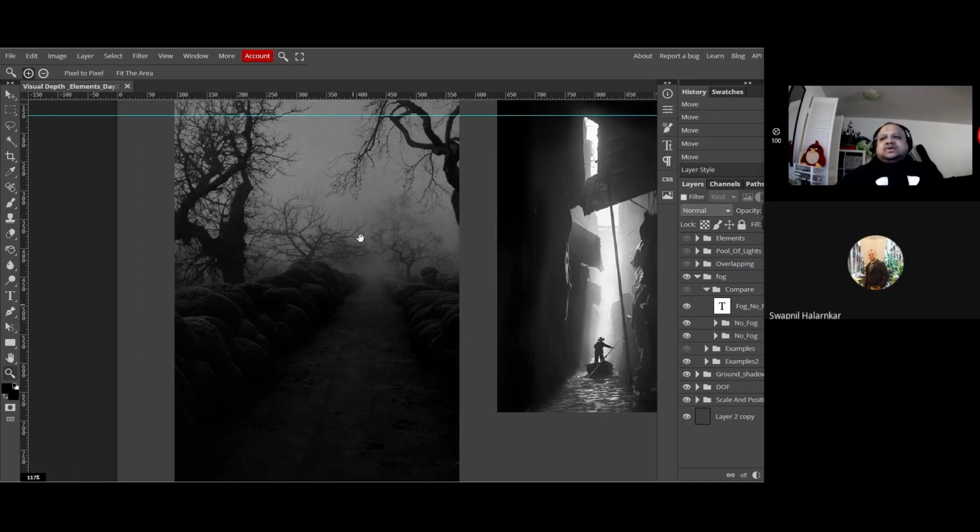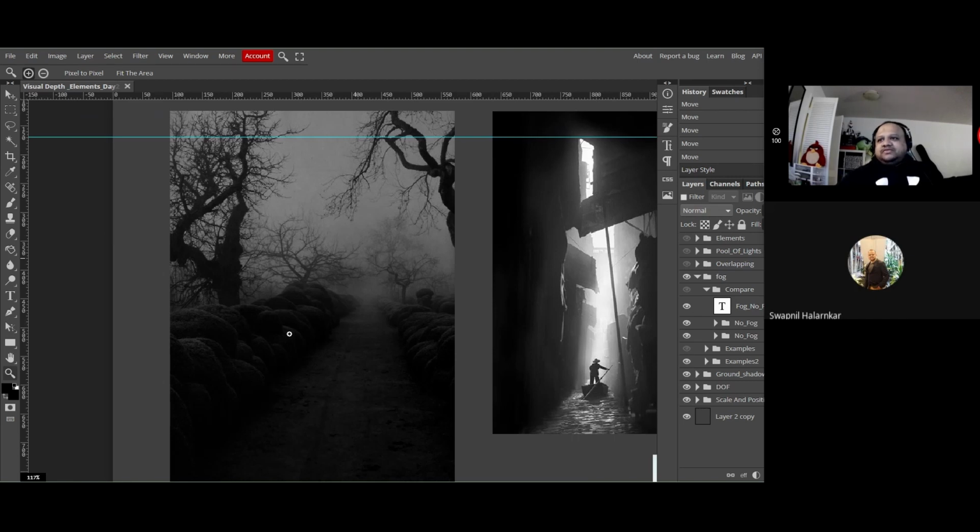Why fog? Because if you see here, you can see the details and you know what is happening here. But as you go forward, there is some uncertainty which you can feel, as we don't know what is going to happen after this. That's why we have those emotions, something we are not sure about.